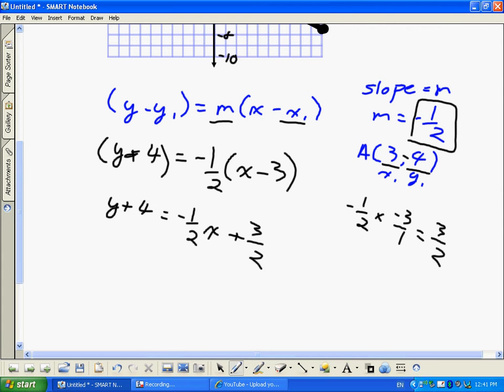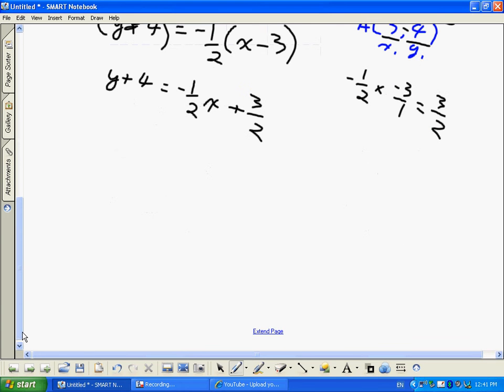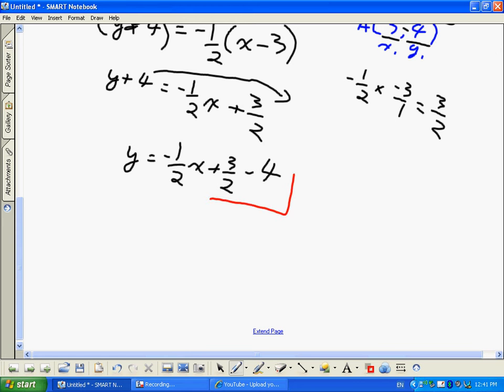Now, I'm actually going to show you guys a step in between. I'm going to do the slope y-intercept form just so you have an idea of what's going on. I'm going to move this 4 to the other side of the equation. So this becomes y equals negative 1 half x plus 3 over 2 minus 4. Okay? So I can reduce these two constant terms.